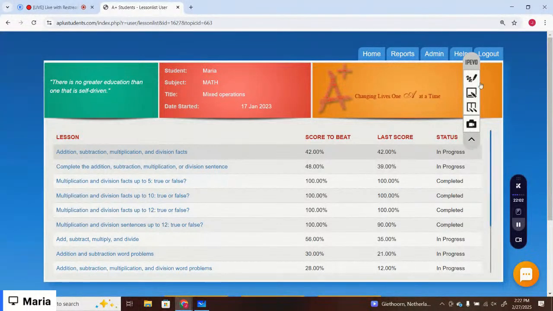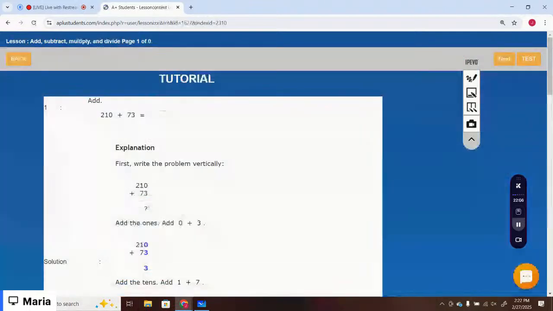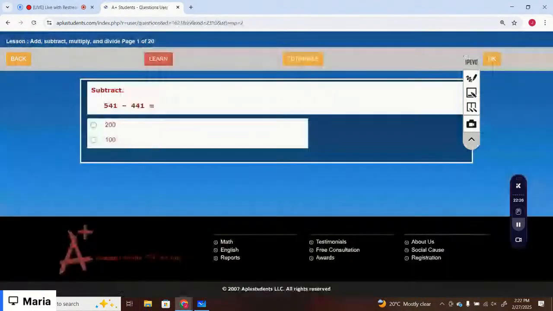Okay, the next lesson is add, subtract, multiply, and divide. Let's just start with the test question. 541 take away 441.